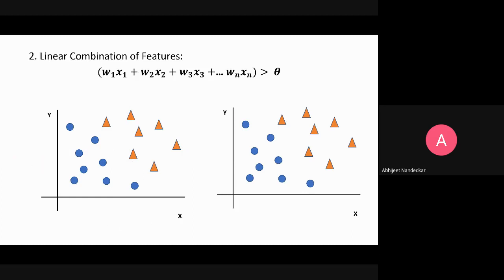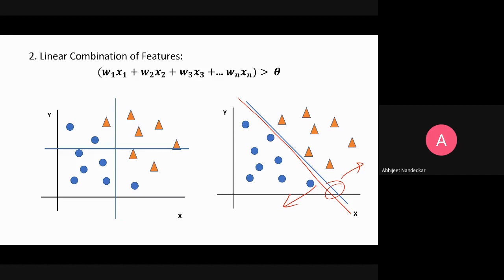So the best way to solve this is to put this kind of line. If I'm able to put this kind of line, then it will properly classify the two groups into two classes. That is, this side is class 1 and this side is class 2.